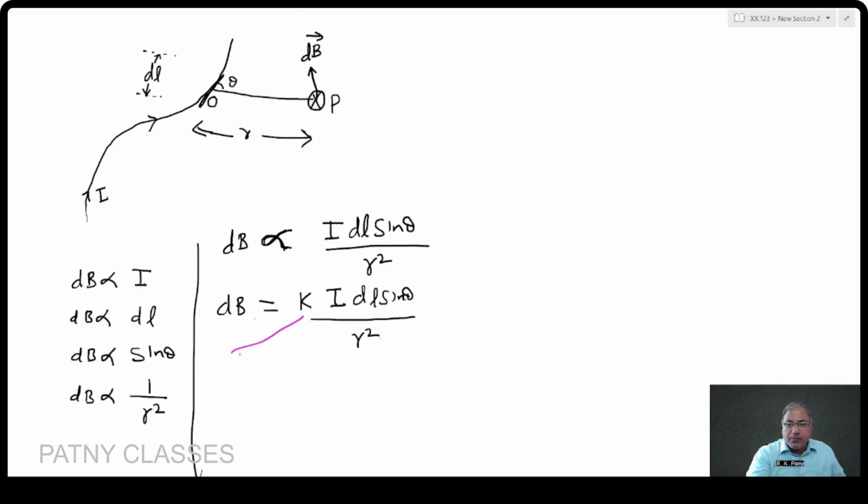Now K will depend upon 2 things. One is the system of measurement, that is, what type of system you are using. Are you using CGS system, MK system, SI system? What type of system you are using, on that system the value of K depends. The value of K also depends upon the medium where the point P is situated.